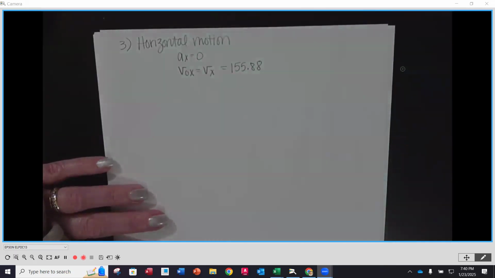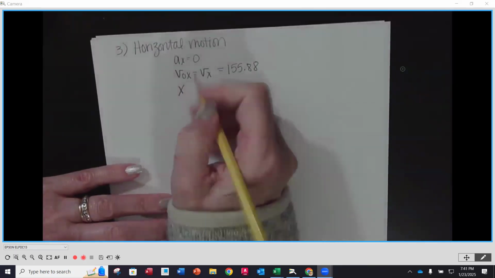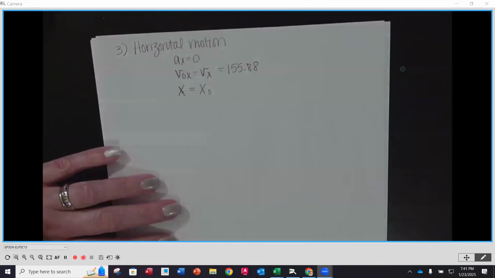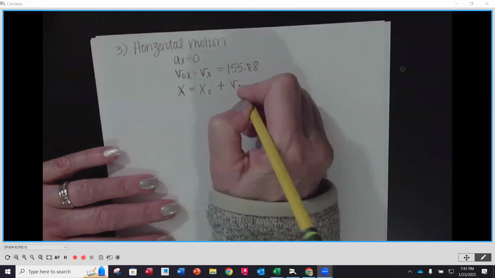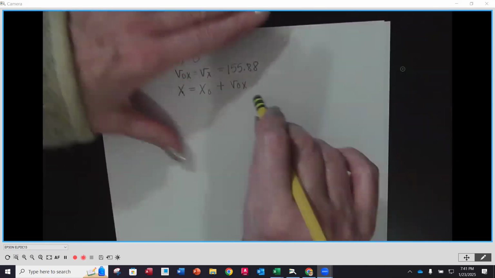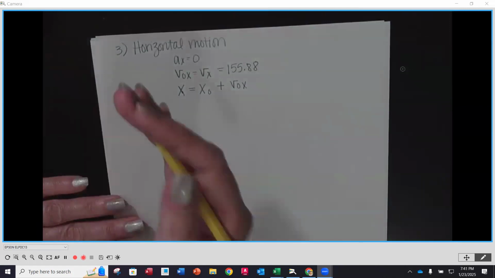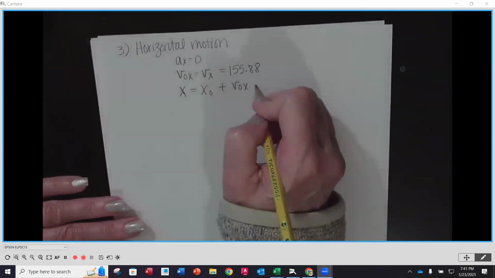Again, leaving the units off just to keep it simple. And then our x value is going to be equal to any offset from the origin plus velocity original in the x direction. And it's constant, right? It's going to be the same number. So whether you do VO or VX, it doesn't really matter, times the time.